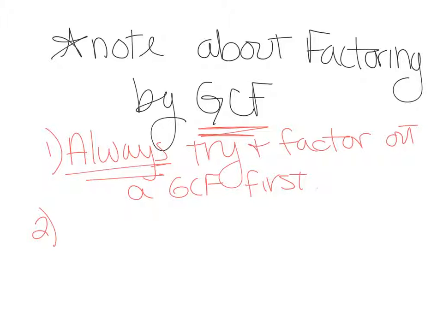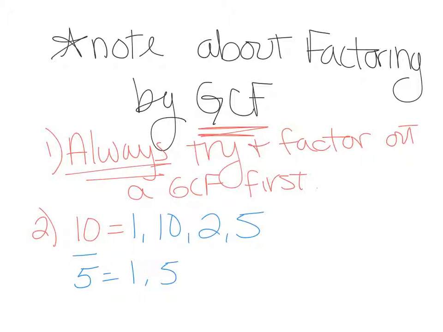The other idea is just to remember what a greatest common factor is. When you're looking at numbers like you did back in elementary school, a factor is anything that multiplies to that number. So if we're trying to find factors of 10, things that multiply to 10 are 1 times 10 and 2 times 5. So 1, 10, 2, and 5 are factors of 10. For the number 5, the factors are just 1 and 5.